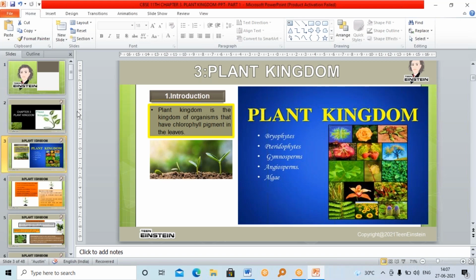Photoautotrophic means synthesizing their own food in the presence of light. With the help of which pigment? With the help of chlorophyll and light, they synthesize their own food. So they become the main producers of the ecosystem.